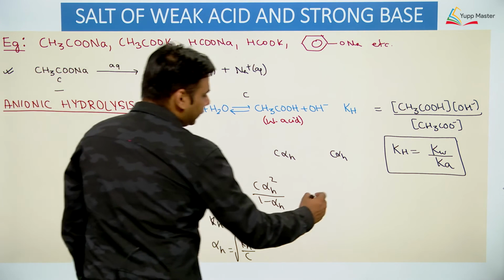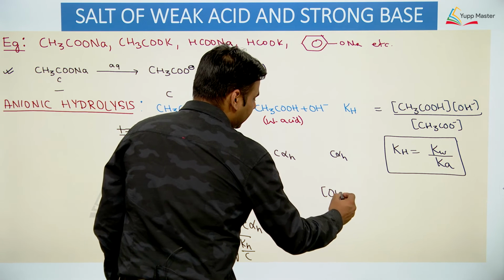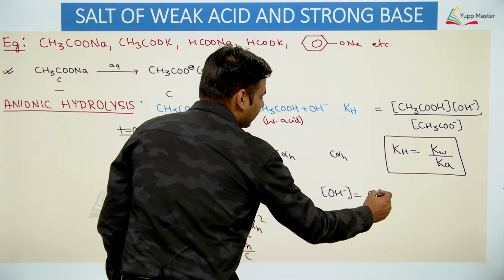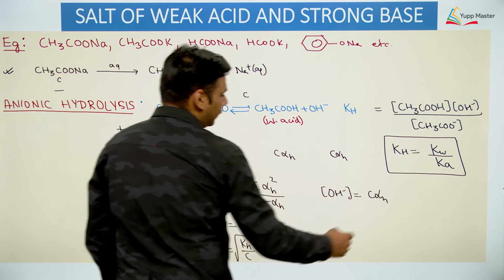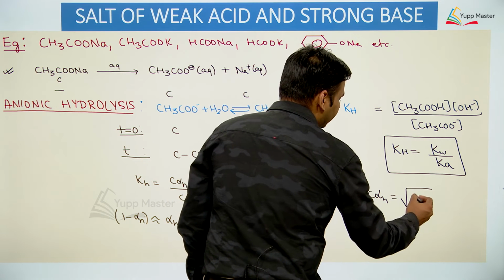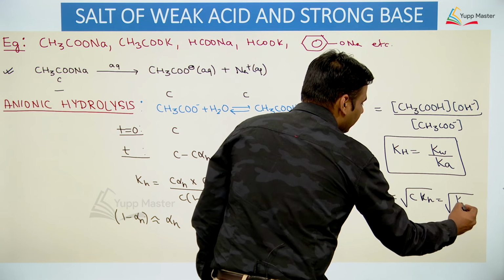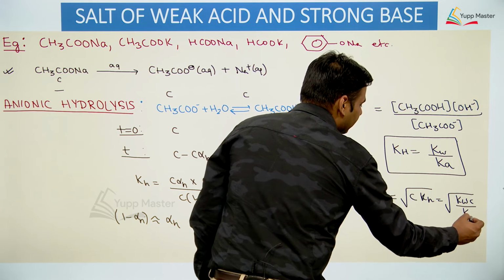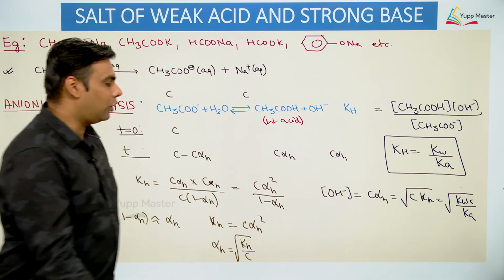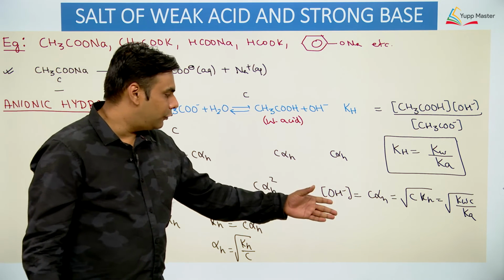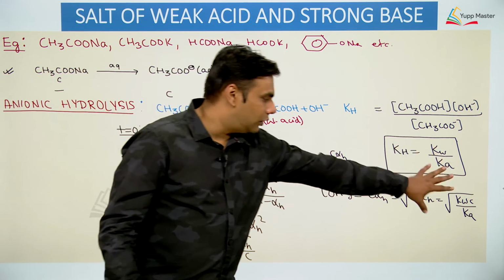And we know that the concentration of OH negative in this solution is C alpha H. So if you put the value of alpha H over here, we will get root of C into Kh. And we know that the value of Kh is Kw upon Ka. So this is the value, right? So when you take log of this, we'll get log of OH negative equals log of this quantity.